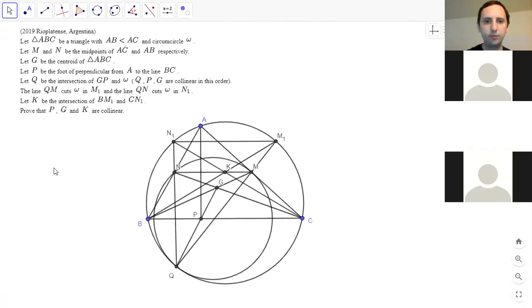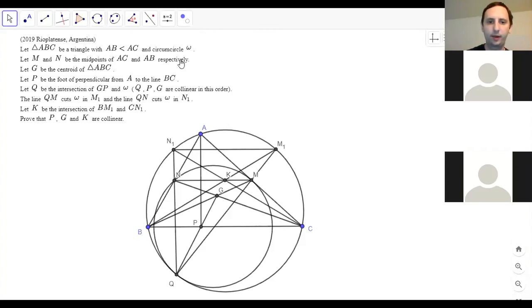Let's see. So where can we go from here? Can we find the ratio NK over KM?